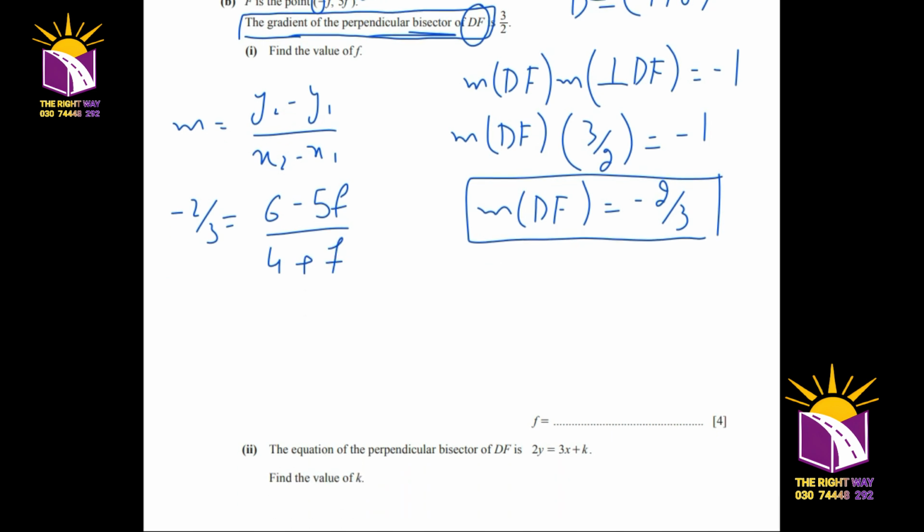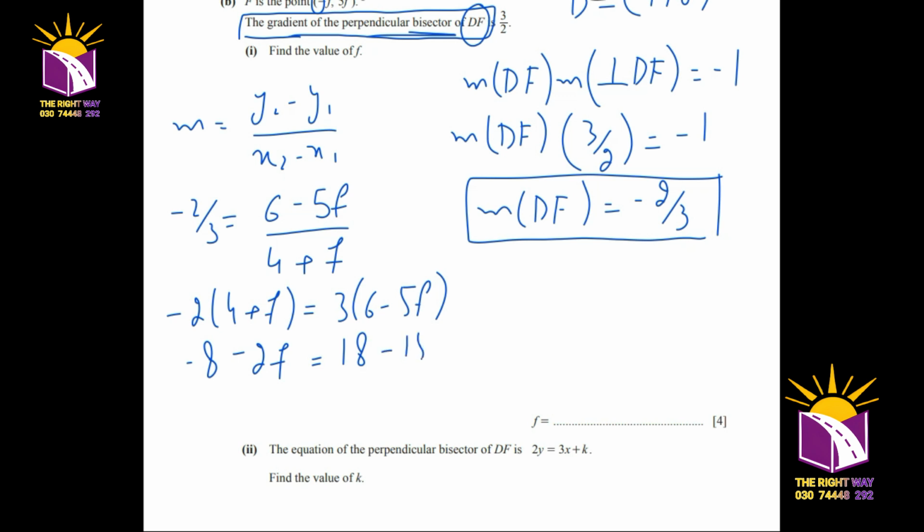Cross multiplication: minus 2 times (4 plus f) will be equal to 3 times (6 minus 5f), so minus 8 minus 2f is equal to 18 minus 15f.